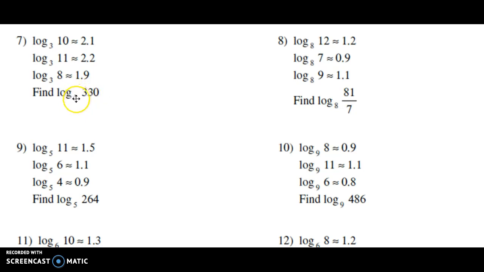Well, actually, they all involve 3, but it involves 3 and 10 and 11. So when you go to do this, you're going to break this up into log base 3 of 3 plus log base 3 of 10 plus log base 3 of 11.